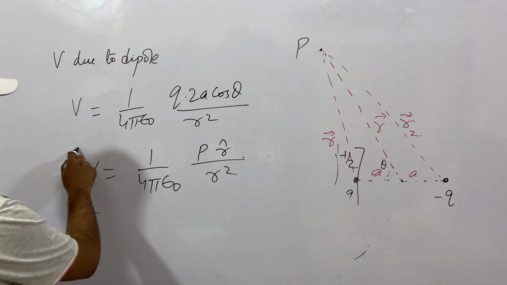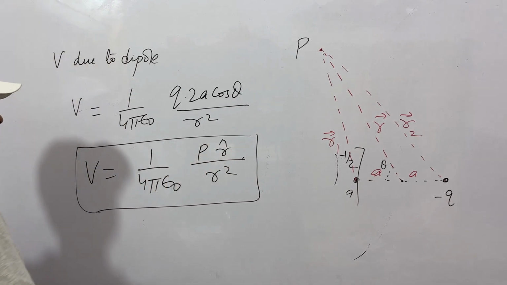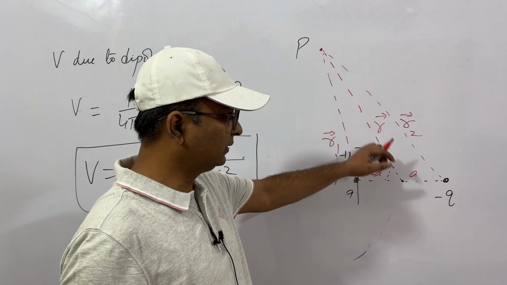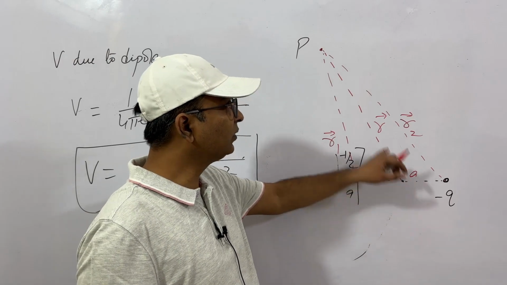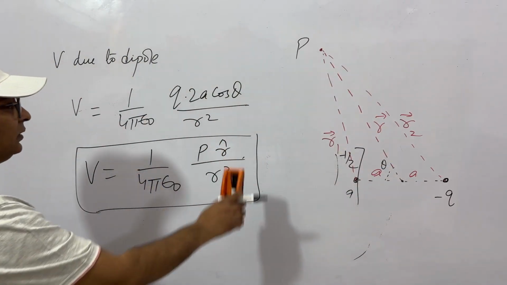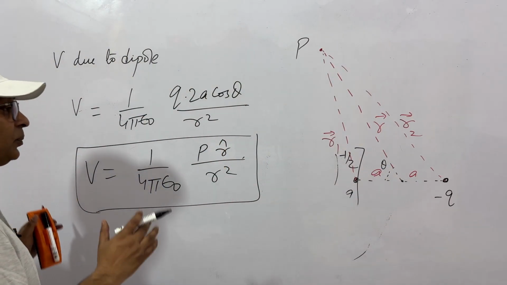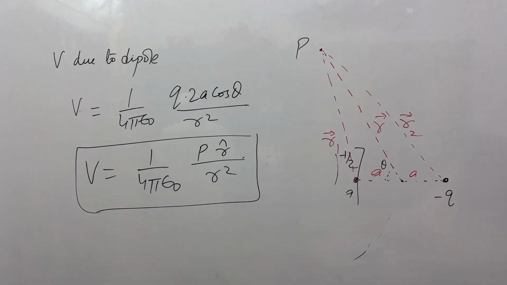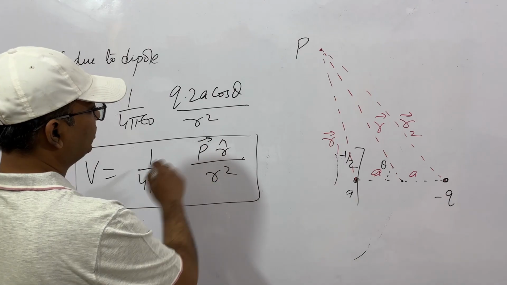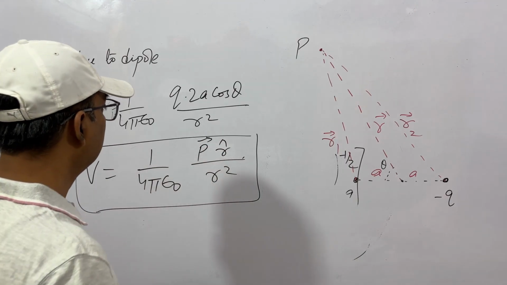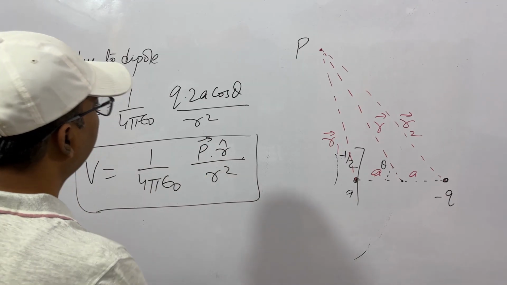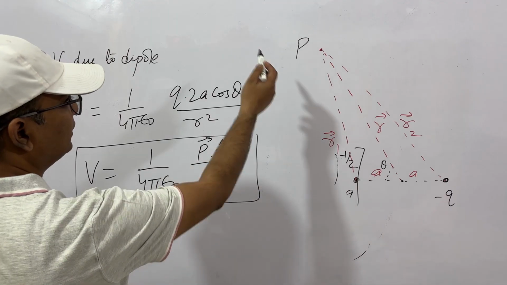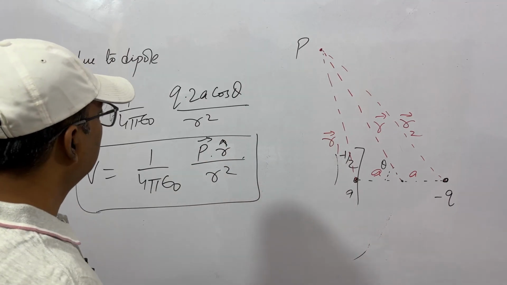This is the potential at point P due to an electric dipole, where R is the position vector from the center of this dipole. This is the expression for the potential due to an electric dipole. You know about this moment, from minus to plus, and this is P dot R cap; R cap shows the direction of the position vector.